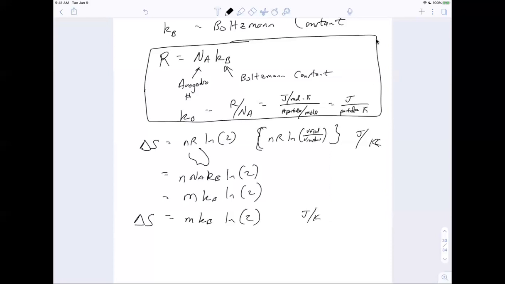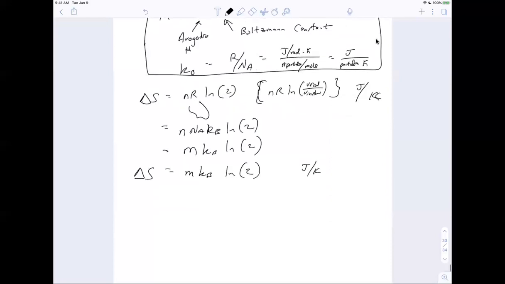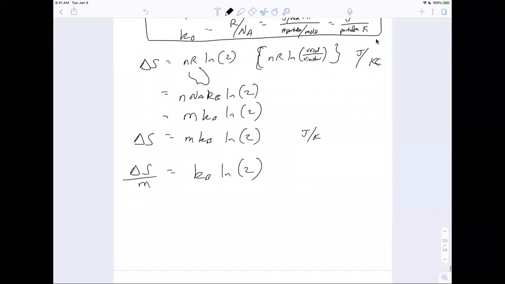Any questions? So if I wanted to remove this per particle, if I wanted to just say this is per particle, then delta S, I would just divide it by M. And that turns out to be k_B natural log of 2. Everyone follow? Please chime in if you are not following. This is very important. So this is delta S, and I'll write this a little more explicitly.